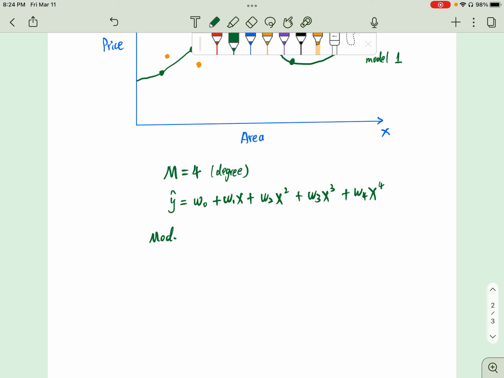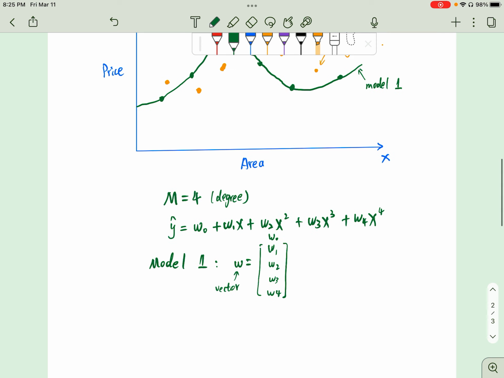And let me write the model 1 here. Let's suppose for model 1 you got the weights omega, so this is a vector. And you got omega 1, omega 2, omega 3, omega 4 here. Okay, I need to clarify here that before here we will have an omega 0 term.